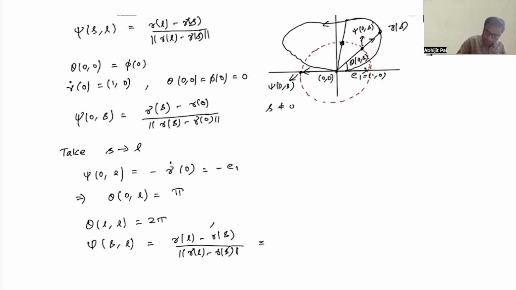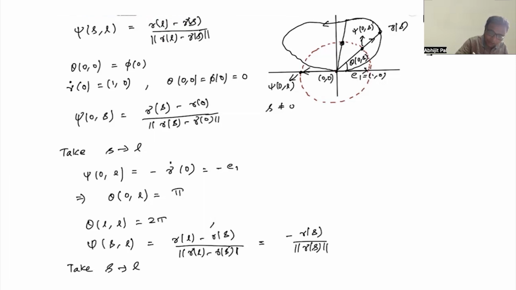This gamma L is again equal to gamma 0, which is my origin. So you have minus gamma s divided by the norm of gamma s. Now take s tends to L.